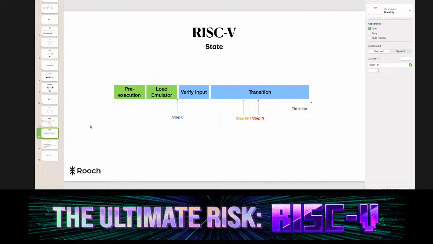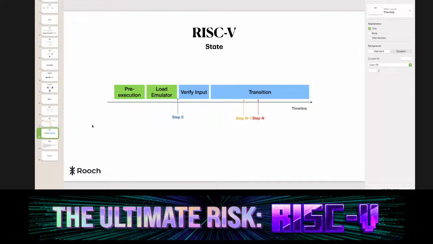These reasons I just showed may sound like they're not just for RISC-V. Maybe the whole RISC family can be used for this purpose too. But why did we choose RISC-V?